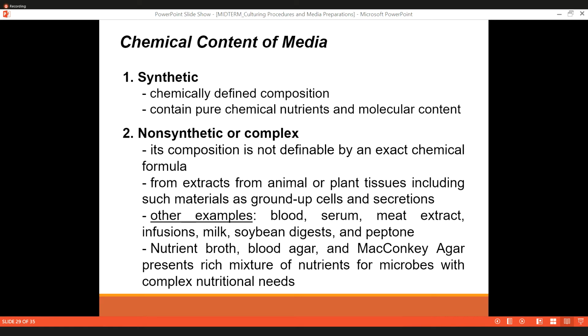Meron tayong different sources: blood, serum, meat extract, infusion milk, etc. Then examples natin sa non-synthetic class is nutrient broth, blood agar, MacConkey agar.